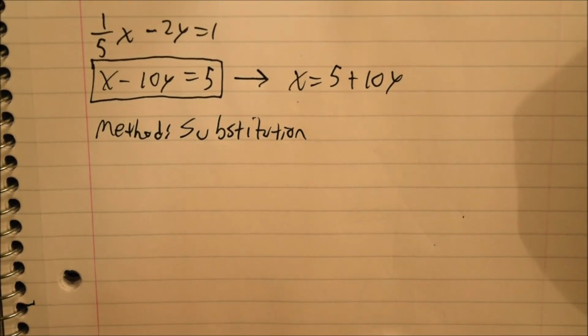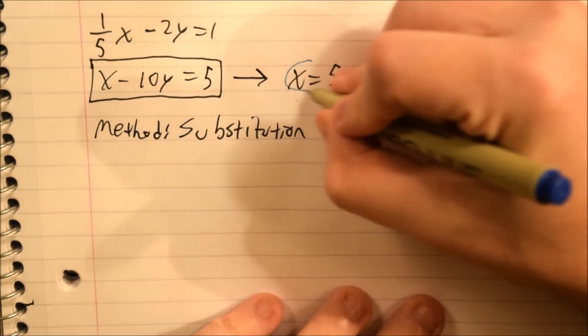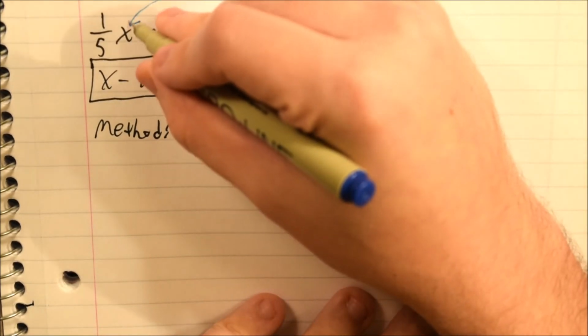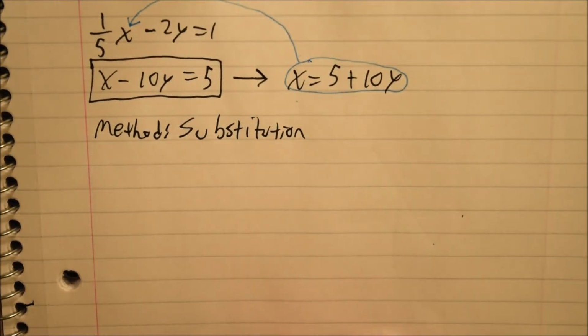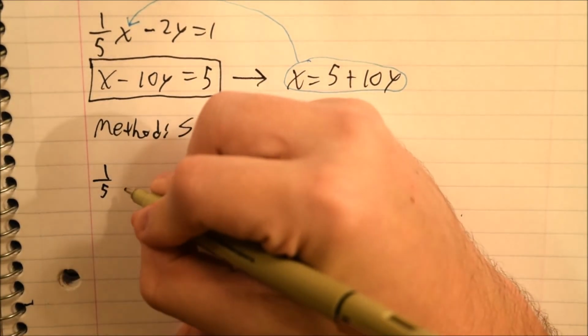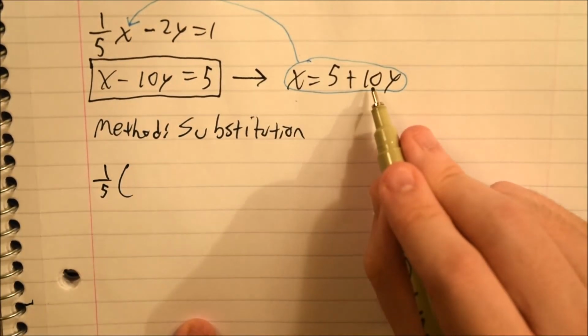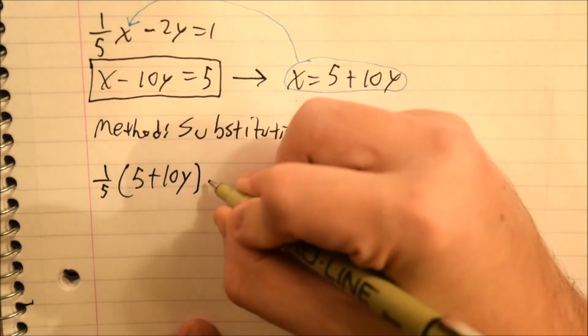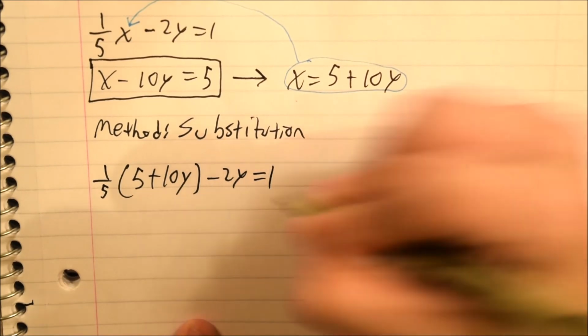Now what I'm going to do is exactly what I did before in part 1. I'm going to take this x and shove it into my first equation right there. When I do that, I get 1/5 times (5 plus 10y) minus 2y equals 1.